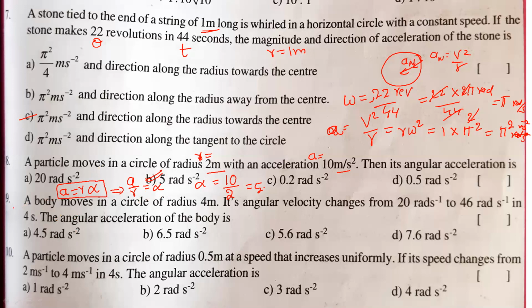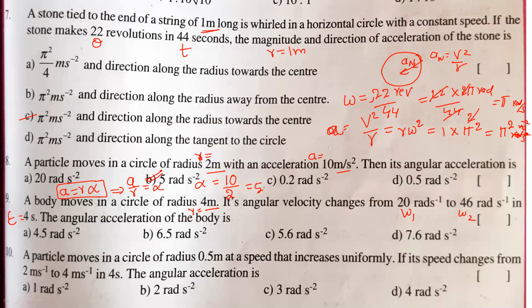Yes. So the next question, children: a body moves in a circle of radius 4 meters. Angular velocity changes from omega 1 to omega 2, from 20 to 46 in 4 seconds. So time is given as 4 seconds. You need to find the angular acceleration of the body.